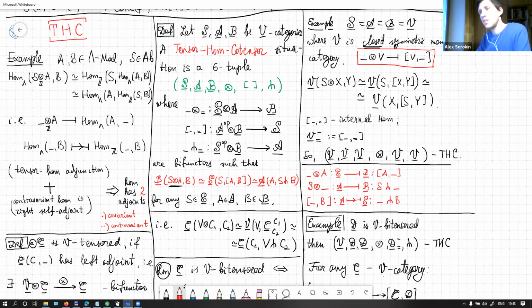The example to the left tells us one of the obvious cases when we have it. The other obvious case is when we have a symmetric closed monoidal category V. This means that our tensoring operation on category V has a right adjoint given by the so-called internal Hom.